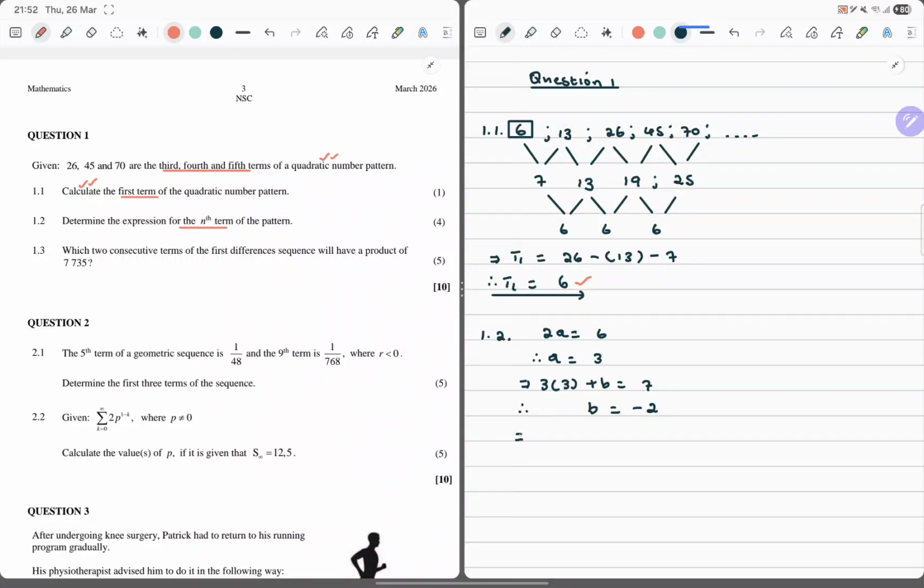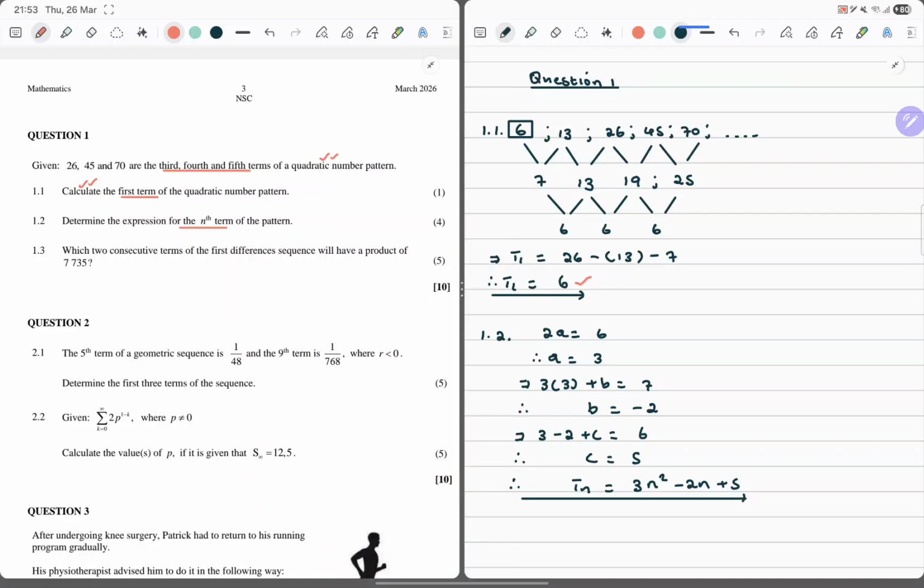Okay, so this also implies that a, which is 3, plus b, which is minus 2, plus c should give us a 6. Therefore, c is, now this is going to be 5. Therefore, t sub n is 3n squared minus 2n plus 5.